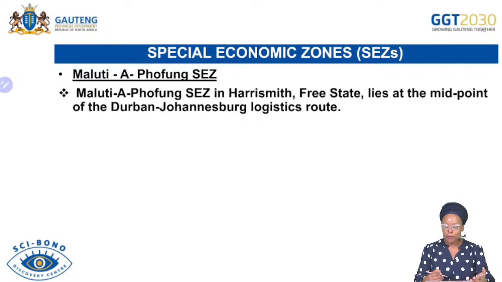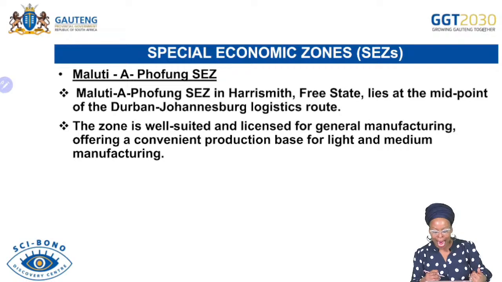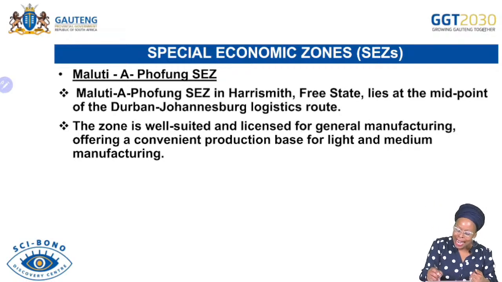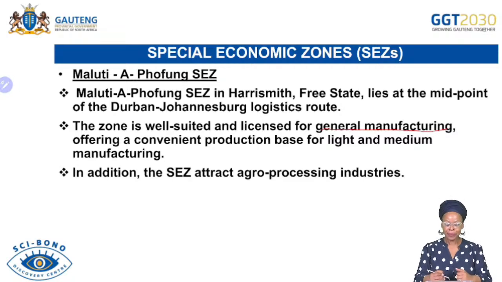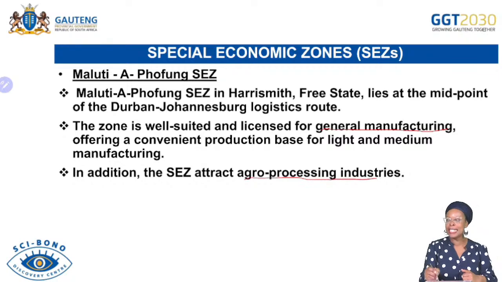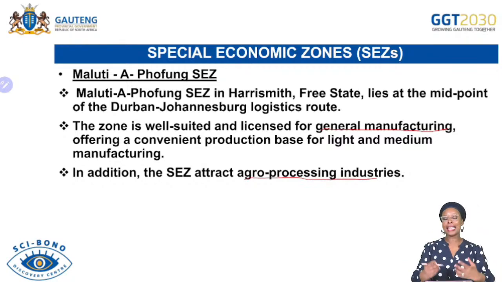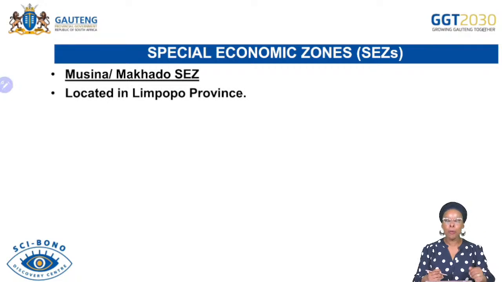Okay, Maluti Apofung is found in the Free State province, and it focuses on what? It is well suited and licensed for general manufacturing. And this SEZ also focuses on agro-processing industries. They process agricultural products.